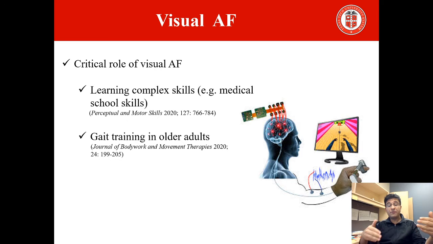It is also helpful in training older adults for gait training to avoid all kinds of falls, which is very common in old age. Feedback frequency is one topic where the findings are heterogeneous because we don't exactly know how much feedback frequency should be given and how the feedback should be taken away as the learner learns a particular skill.